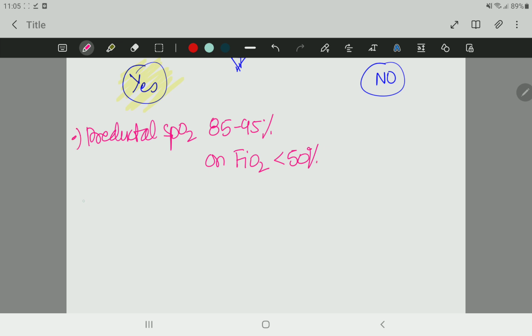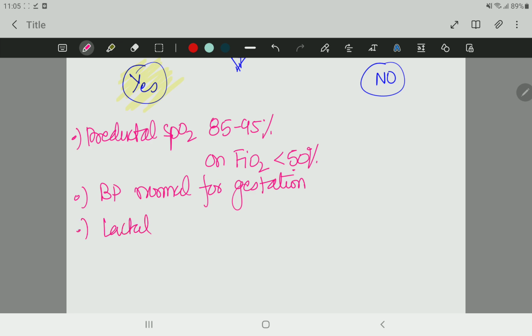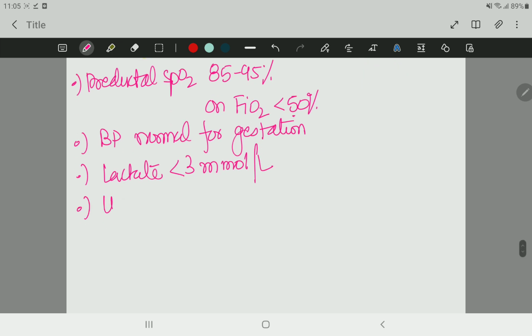The second: blood pressure should be normal for gestation. The third: lactate should be less than 3 millimole per liter. The fourth: urine output should be 2 ml per kg per hour.